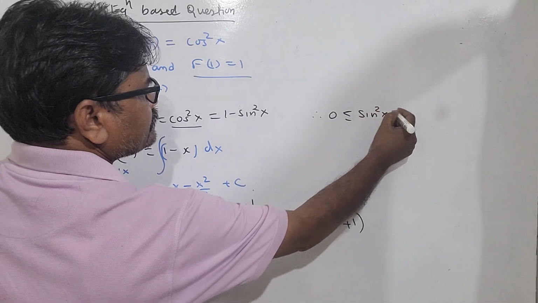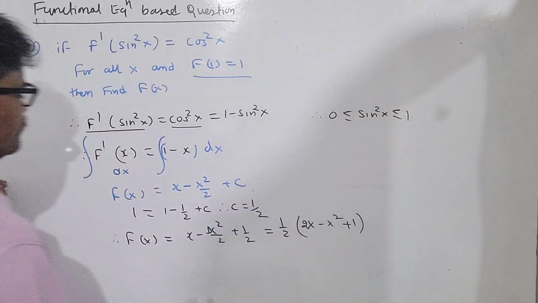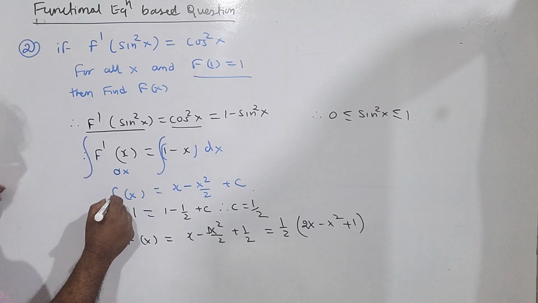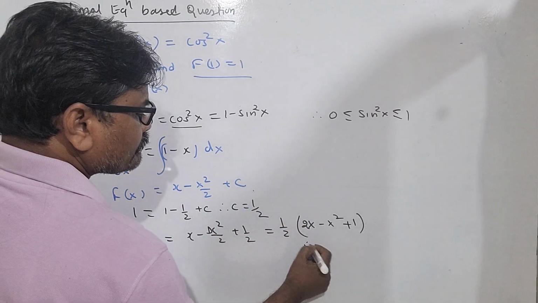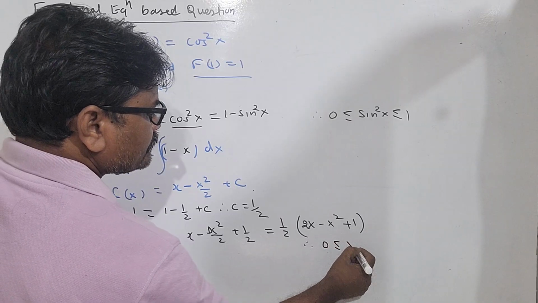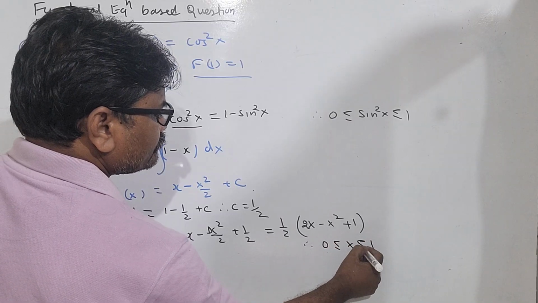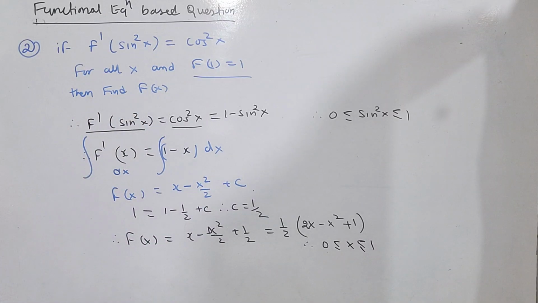From this we have come to this f of x. Therefore, x must lie between 0 and 1. So f of x equals half of (2x minus x square plus 1), provided x lies between 0 and 1.